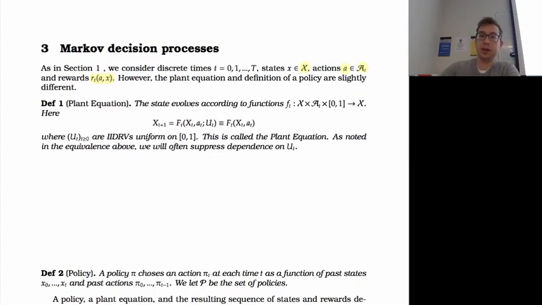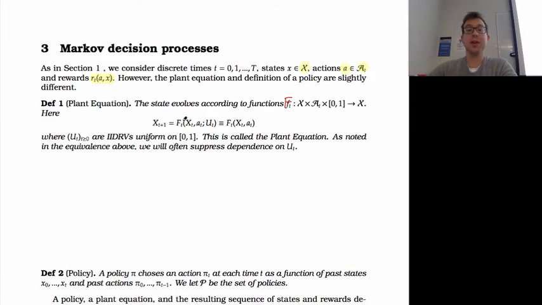Oh, and typo. Told you there'd be typos. That should be capital F. F of t of x, of a, and then some uniform 0, 1 random variable is going to determine the next state x.